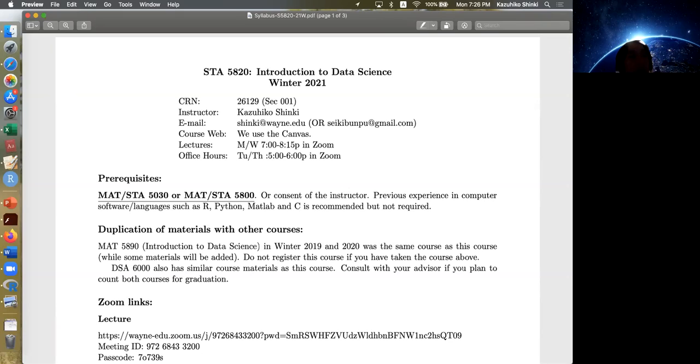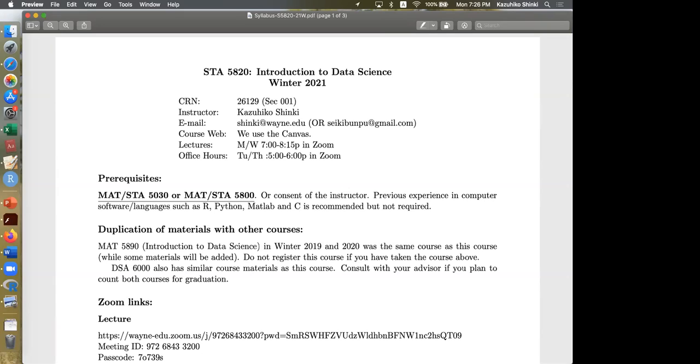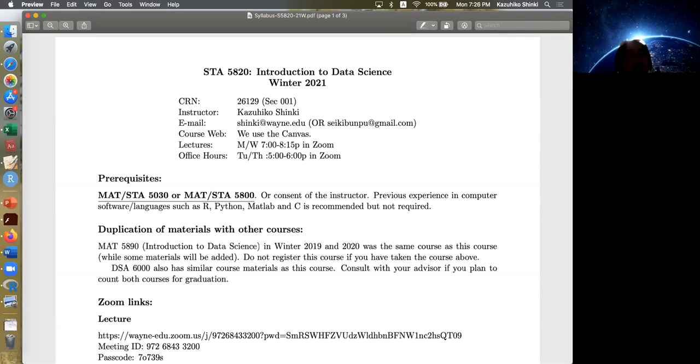That is the MacTeX. So for Windows, I don't really recommend installing LaTeX beforehand. Just try to install RStudio first. I already have RStudio. Then that's fine. If you have installed RStudio, you don't have any problem. You don't have to install MacTeX or LaTeX on Windows. Okay, thank you.